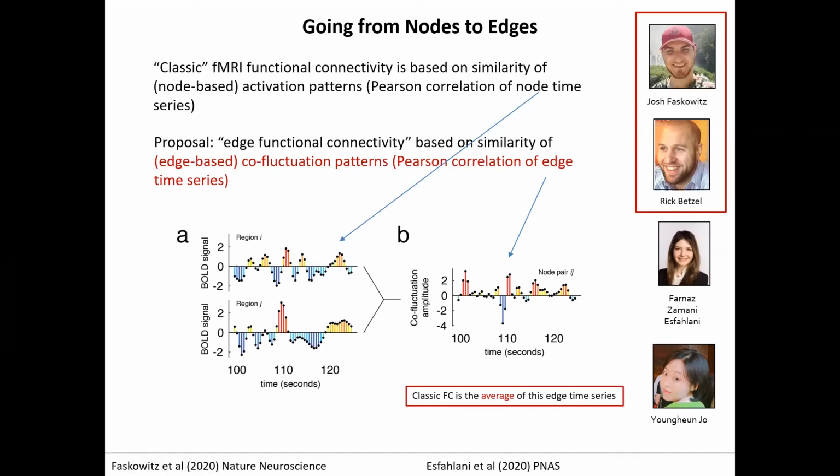We just take it back 1 step. We call that unwrapping. So rather than reporting a single value for the Pearson correlation between these 2 nodes, we report an edge co-fluctuation amplitude. This is an edge time series because it is a time series that unfolds on each edge ij separately.